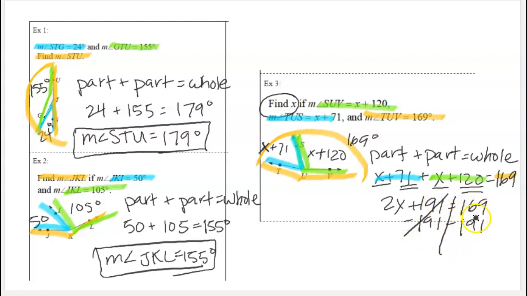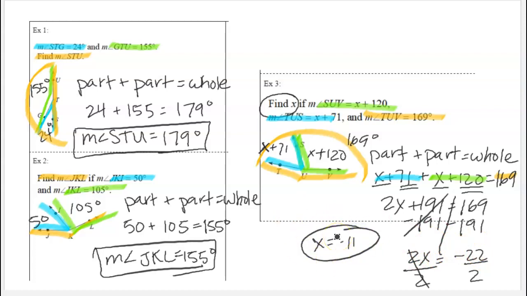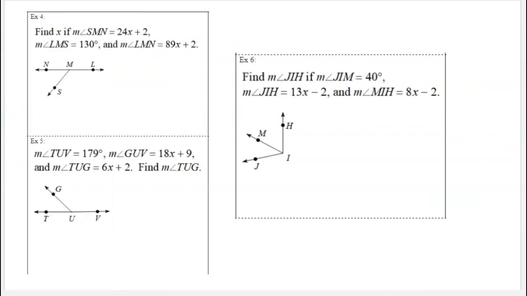Cancels on that side, and 169 minus 191 is negative 22. Rewrite my 2x, and finally I divide by 2 to cancel there, and x equals negative 11. All right, very good. Let's move on.